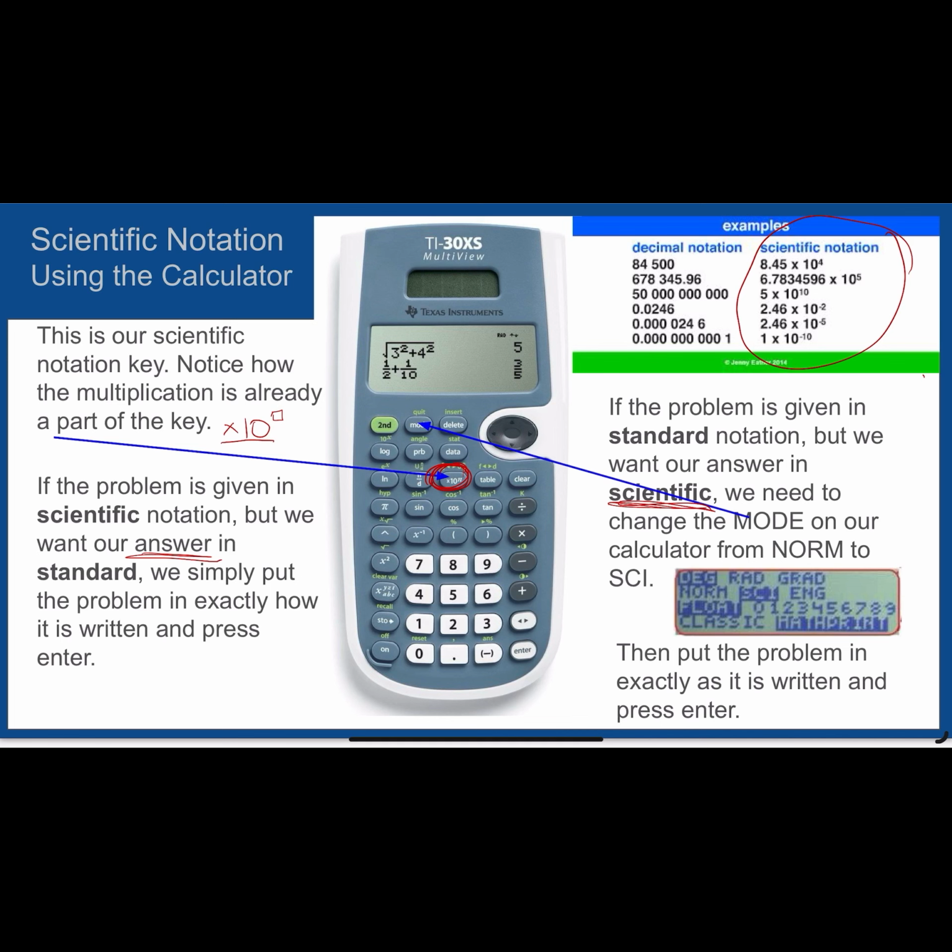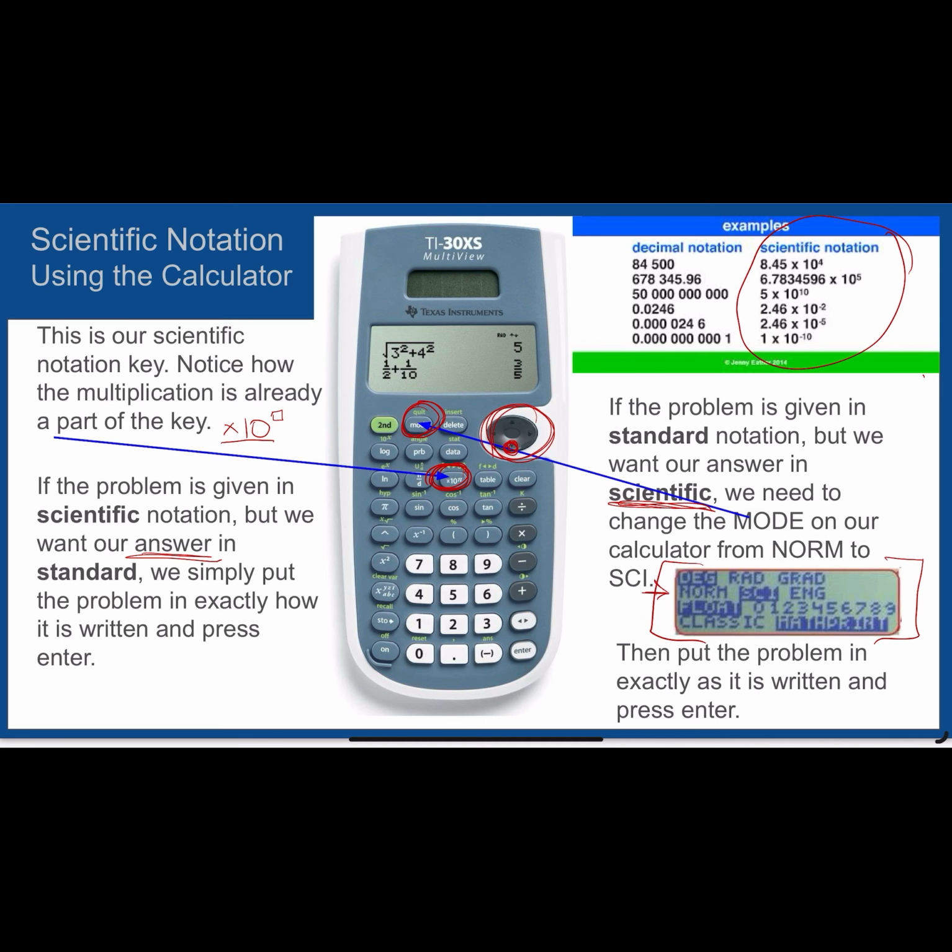So to change the mode, you hit that mode key right there. It's up in the very top row, middle button, and it's going to show you these 4 lines of text. To navigate those lines of text, you're going to use your wheel. So when it first shows you, degree is going to be blinking, and you want to go down on the wheel to this second line.